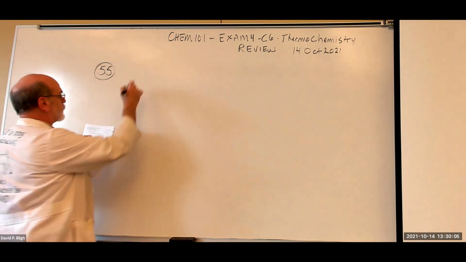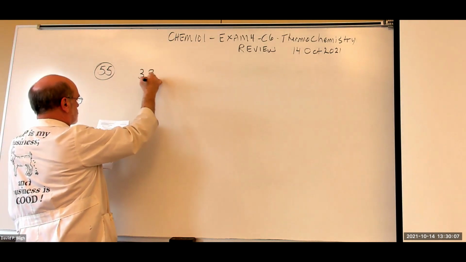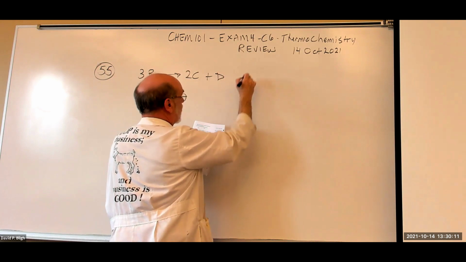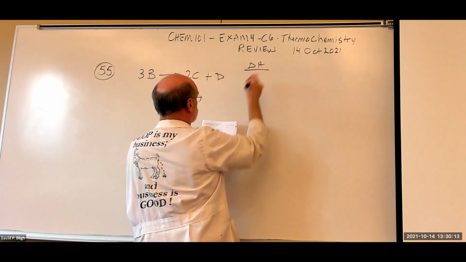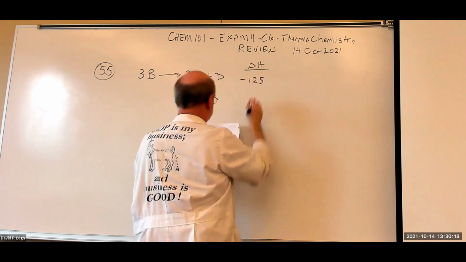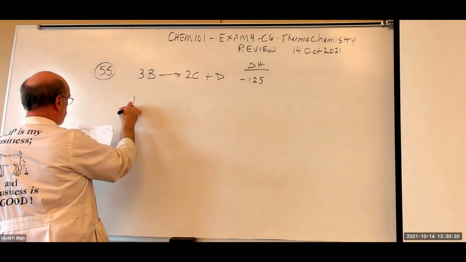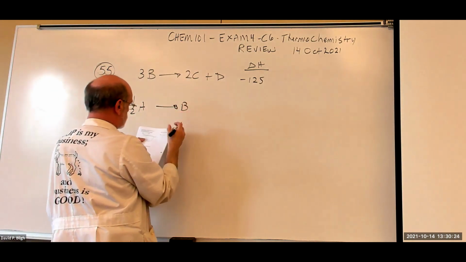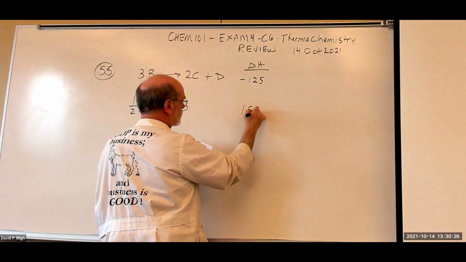So we've got these three to work with, these three equations. Yields 2C plus D, and the delta H for that is minus 125. We also have 1/2 A yields B, and that's 150.